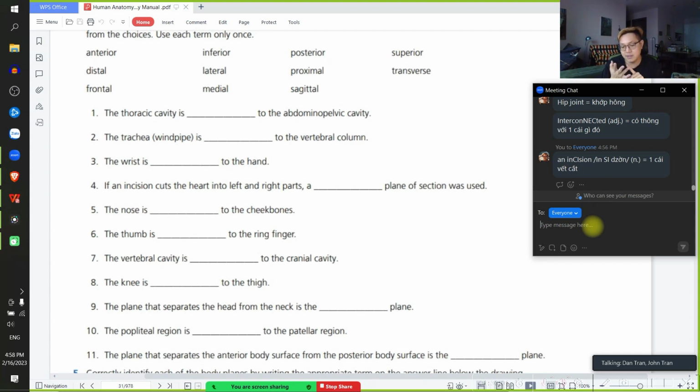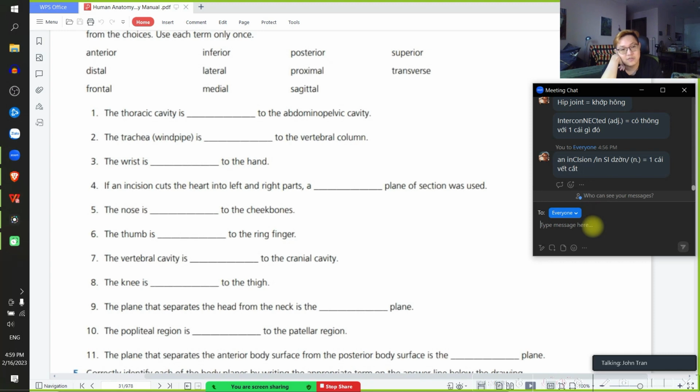Trường hợp này cái ngón đeo nhẫn và cái ngón thumb này nằm xa với nhau. Superior. No, nó không phải nằm trên. Trong bàn tay sẽ biết là nằm trên nằm dưới. In the hand you don't know exactly which one is up or down, right? Vậy là chỉ có distal. Yes. Ở xa. Distal. It's far away. Yeah, it's far away from the ring finger, I think. Yeah. So the thumb is distal to the ring finger, I think.